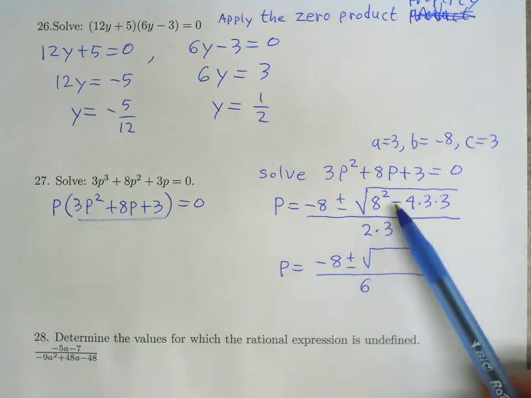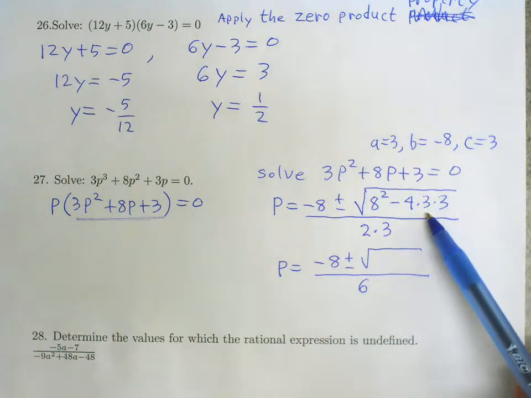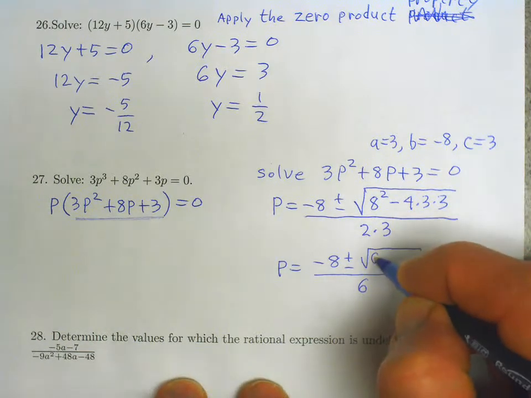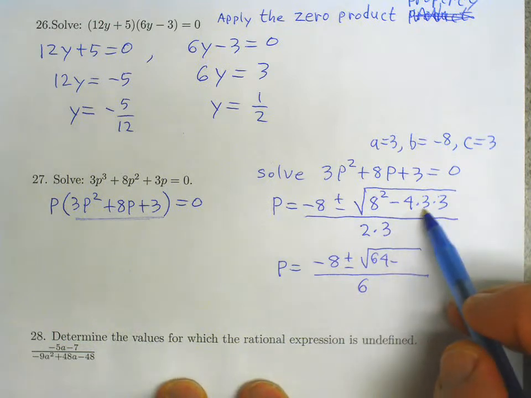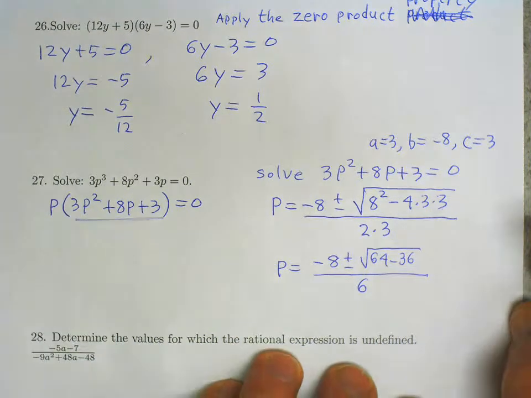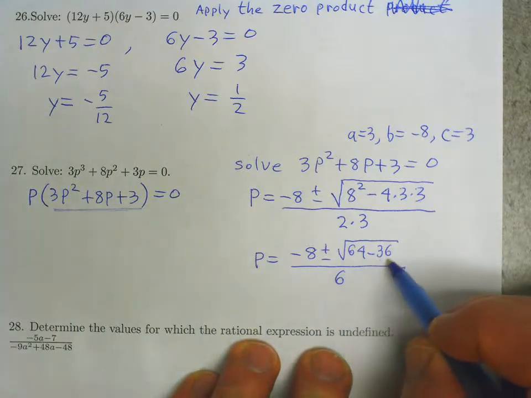Okay, so inside the square root, 8 squared is 64. And we're subtracting 4 times 3 times 3, which is 36. Okay, so the solutions are real numbers because the discriminant is positive.